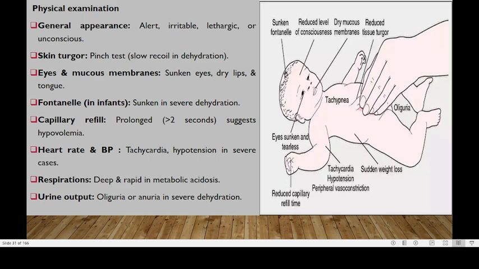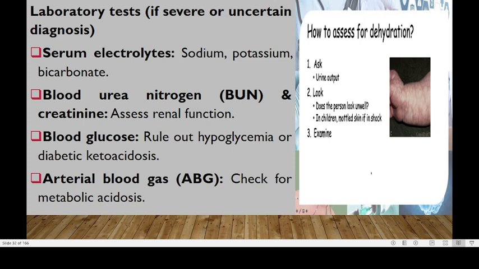We'll also do the pinch test where we're going to have slow recoil in dehydration, sunken eyes, dry lips, and tongue. We could also have sunken fontanelles in severe dehydration for infants. We could also have prolonged capillary refill greater than 2 seconds, which could suggest hypovolemia. We'll also have tachycardia, hypotension in severe cases, deep and rapid breathing from metabolic acidosis, and oliguria or anuria in severe dehydration.